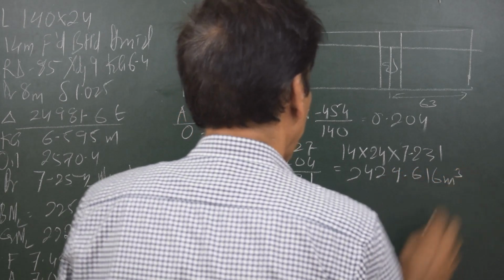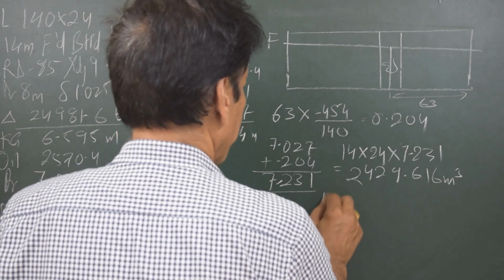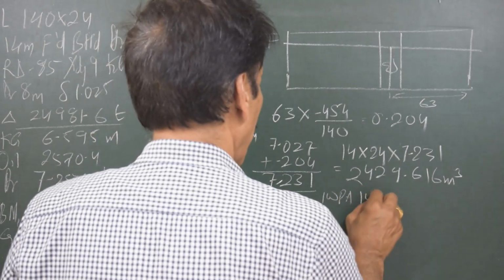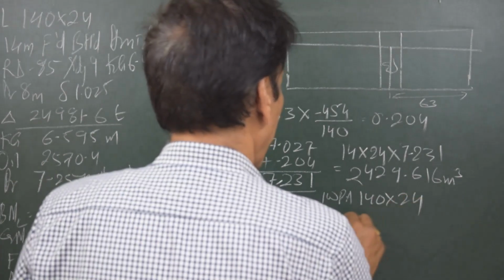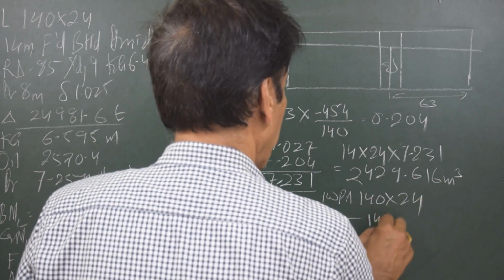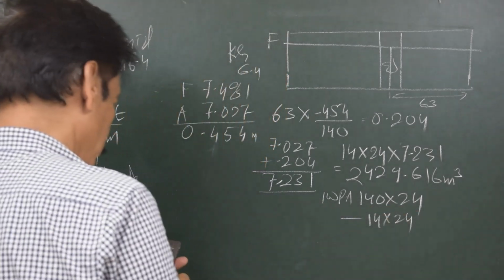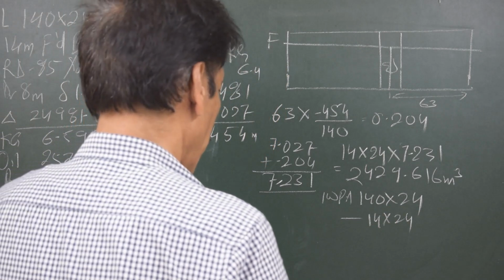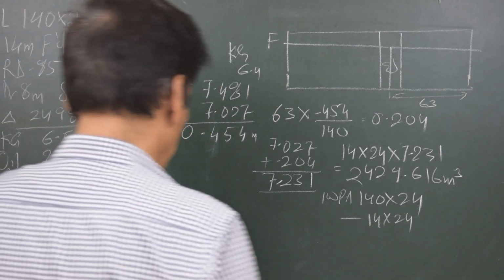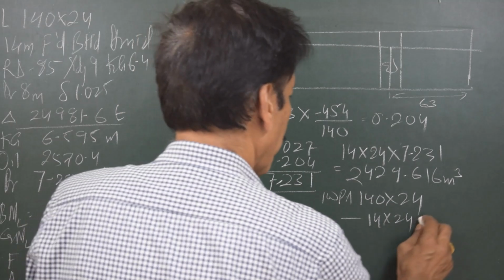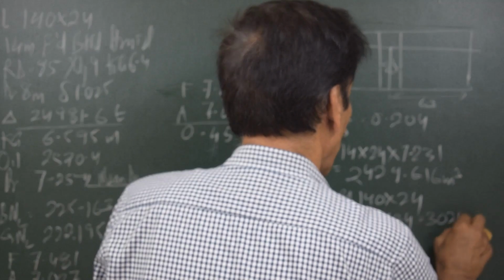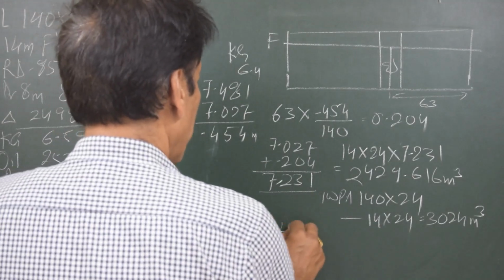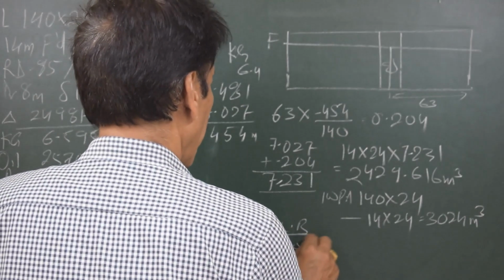That gives me the lost buoyancy as 2429.616 meter cube. An intact water plane area can be considered as total, that is 140 into 24, minus lost, that is 14 into 24. So that would be 126 into 24, that is 3024 meter square. So sinkage is going to be lost buoyancy upon intact water plane area.